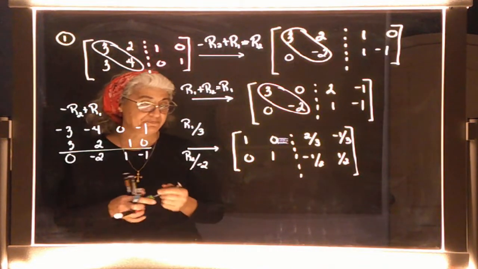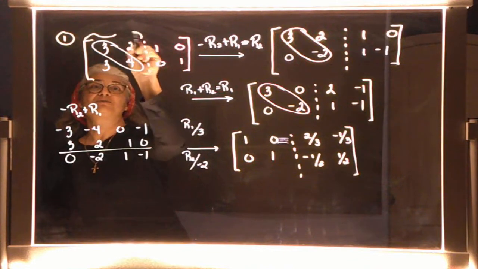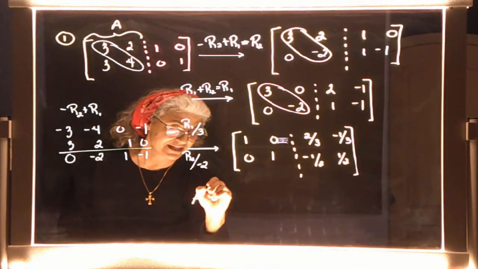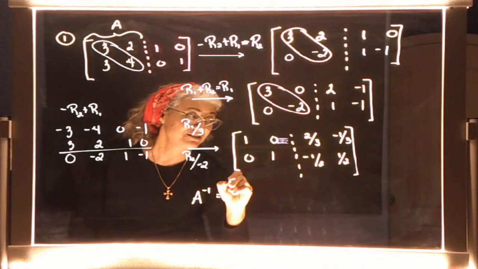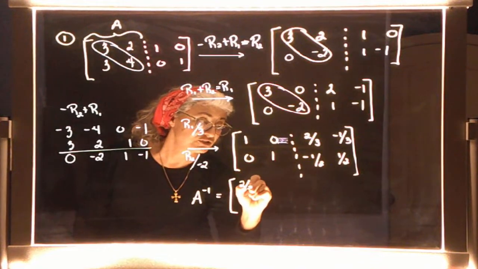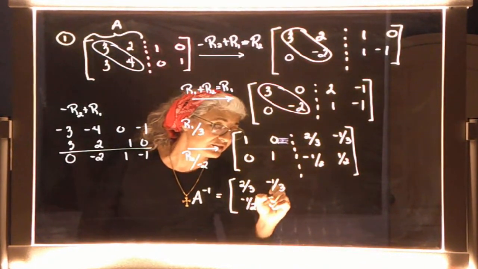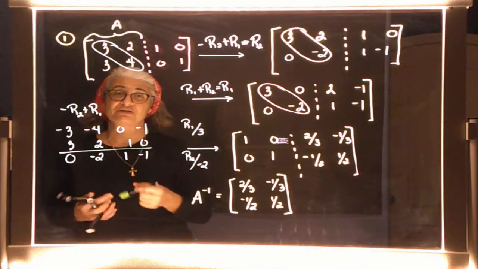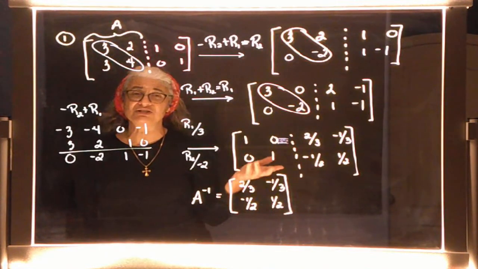So, since this was called matrix A, right? This is A inverse. And so A inverse looks like 2/3, negative 1/3, negative 1/2, and a positive 1/2. There is my inverse matrix. And gratefully, I'm not using any new operations to do this.